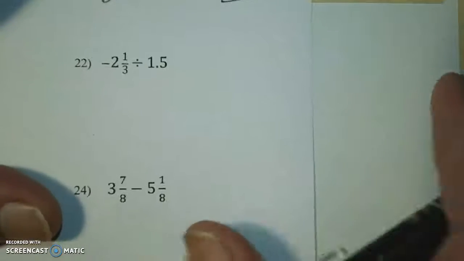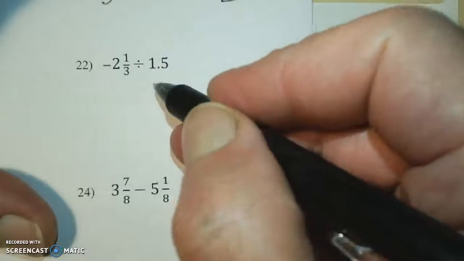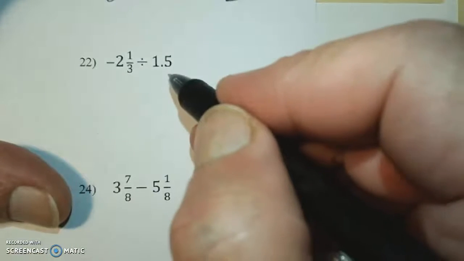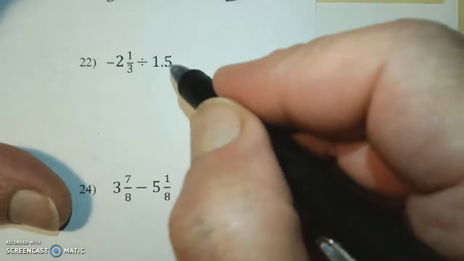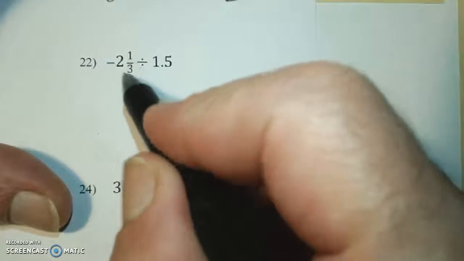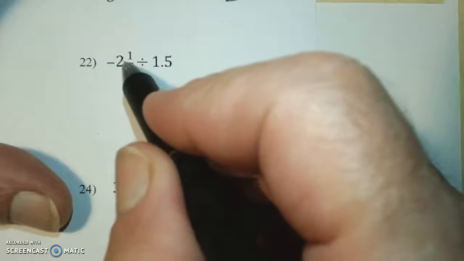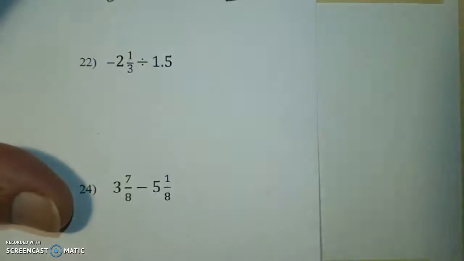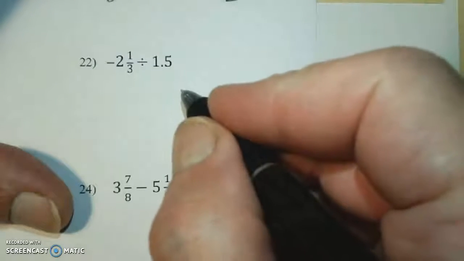Number 22, multiplying a mixed number and a decimal. I would urge you to change this decimal into a fraction, especially since this decimal is going to come out to be a repeating decimal, and it's going to be a little bit harder to work with.